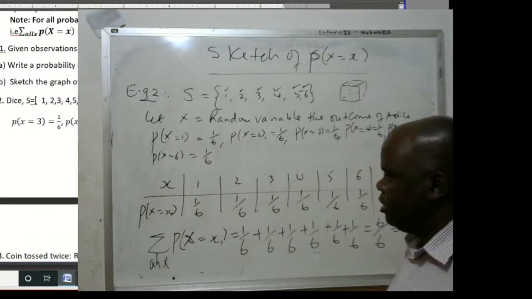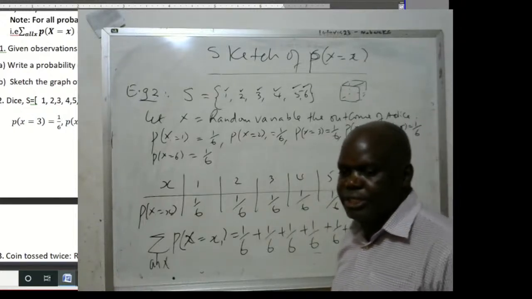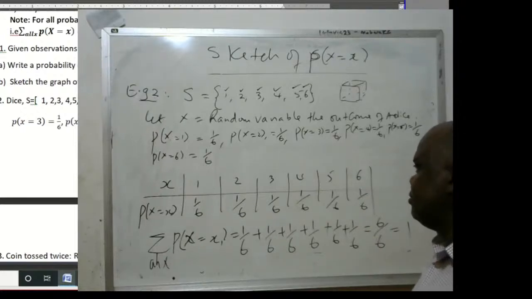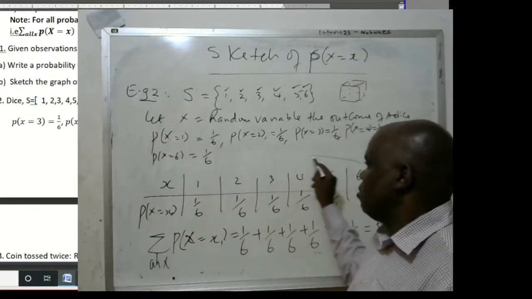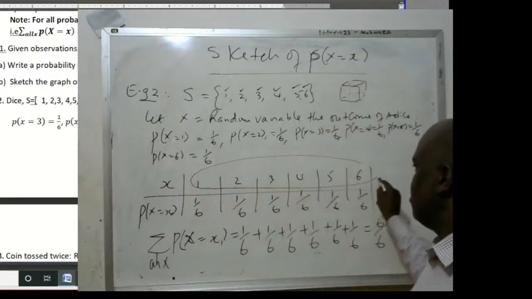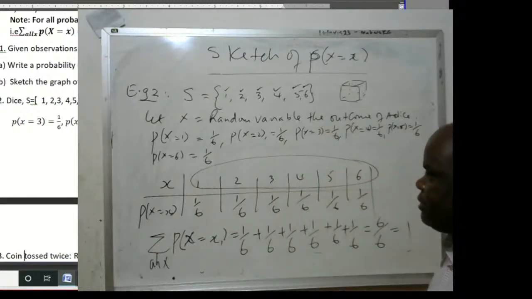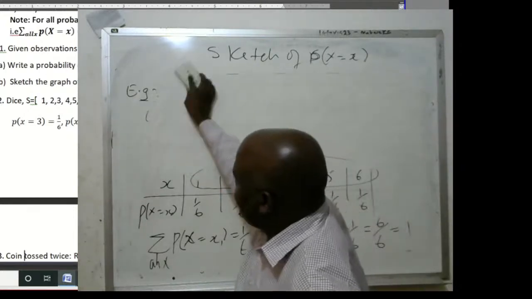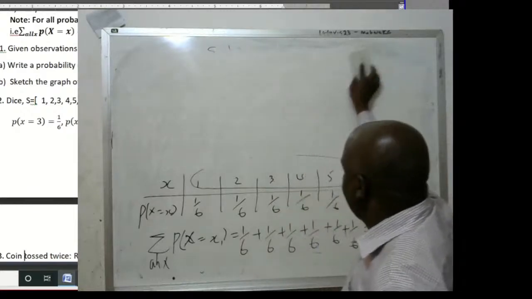And it is a probability distribution which is discrete. It is a discrete probability distribution because it's taking on whole numbers, or counting numbers. That's about a discrete probability distribution.